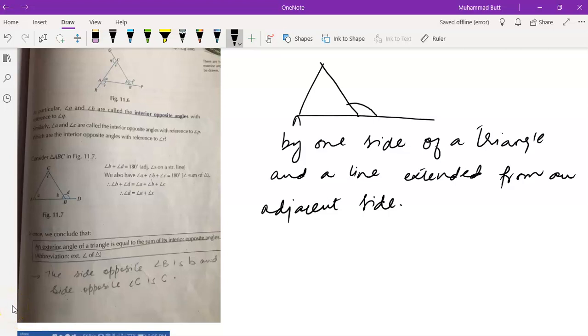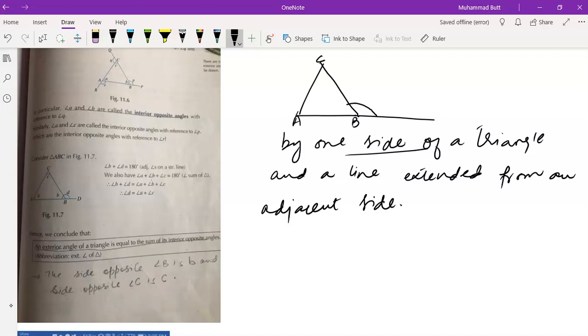So if this is the triangle ABC, exterior angle is formed by one side of a triangle. Let's suppose BC is one side of a triangle and a line extended from an adjacent side.